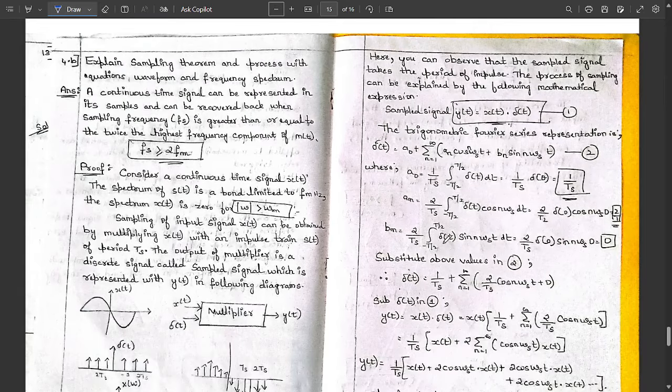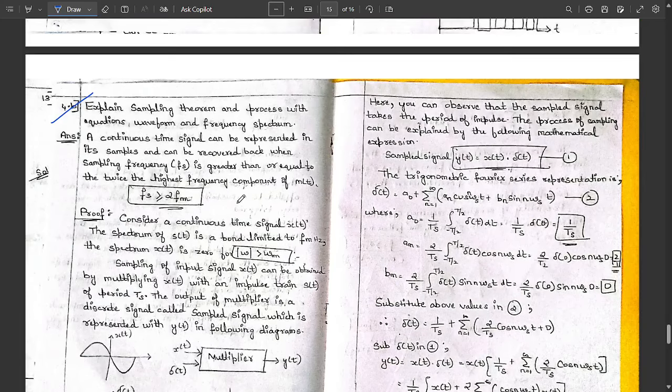One more important question from this module is: explain the sampling theorem. You have to learn this question; it would come for around 10 marks. Explain the sampling theorem in brief, its statement, its relationship, and its proof with the different kinds of waveforms. You can explain in your own words all the sampling types, that is natural sampling, flat top sampling.